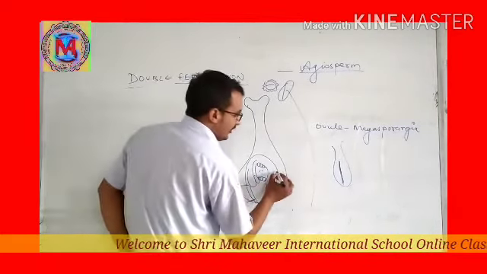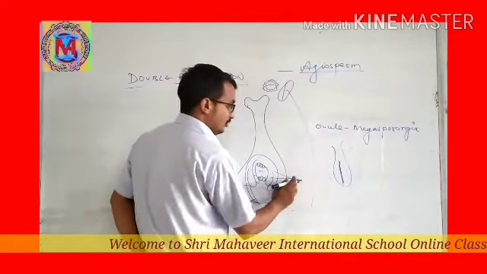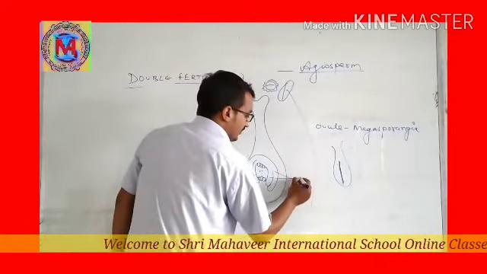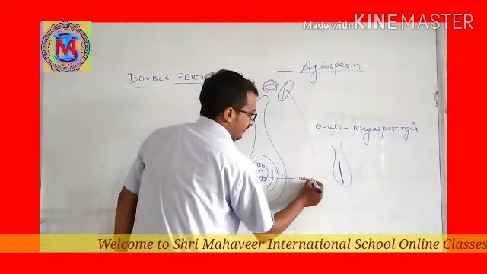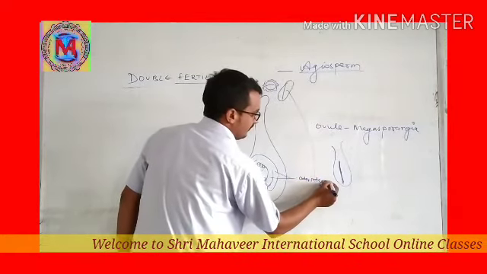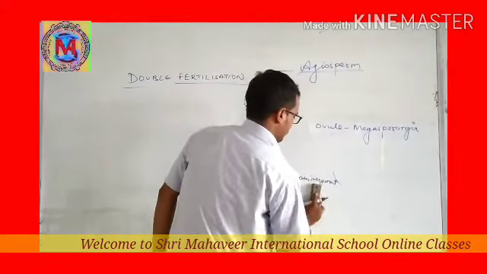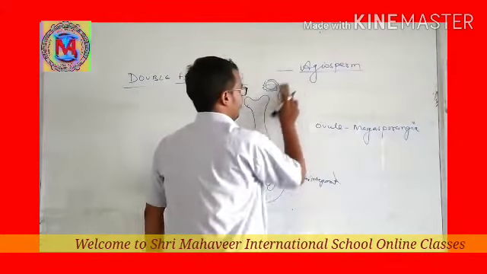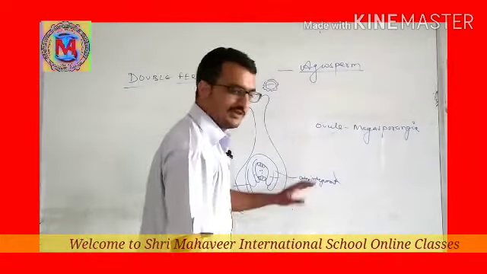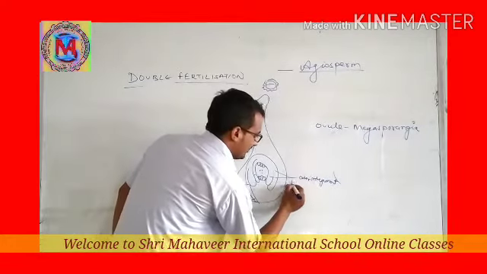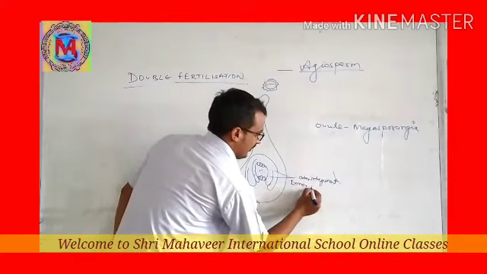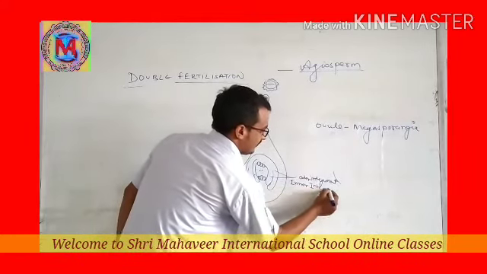There are two integuments, two covers. This is the outer integument. The anther part is over, so I am erasing the anther. And this is the inner integument.